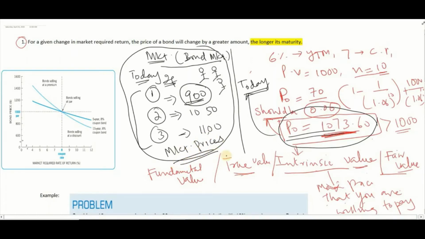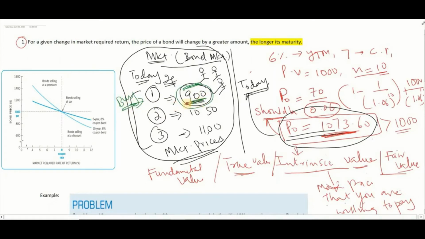So if in the market the price is 900, would you be paying? Yes, you will say, hey, I was willing to pay 1073, but people are selling at 900. I'm going to buy this because you can buy it cheap.